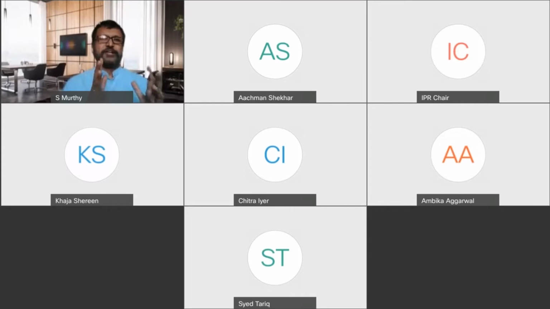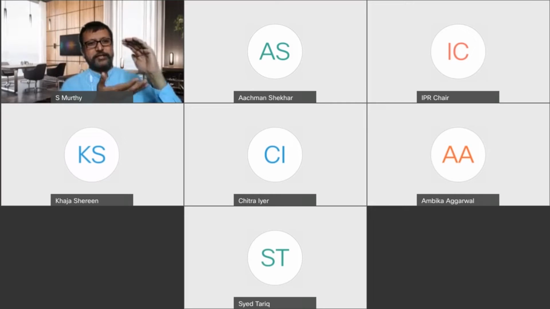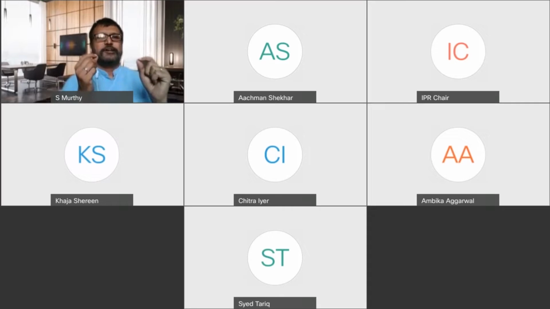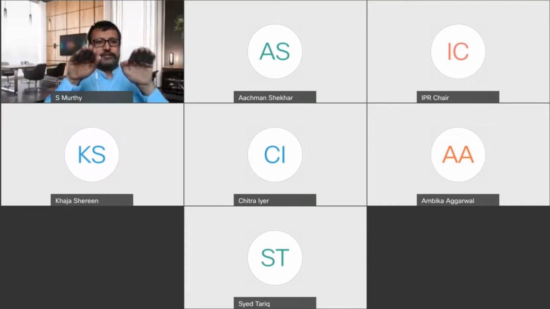If we don't have enough standard essential patents, then the first impact would be you don't have a negotiating power with the SEP holder, and that is true for every other field. It is not just true for SEPs. If you don't have enough standard essential patents in your portfolio, then to start with itself, you're not on the same level playing field for the negotiation.